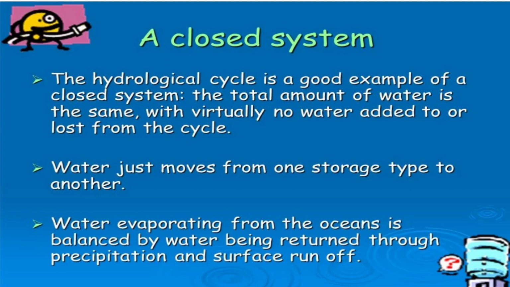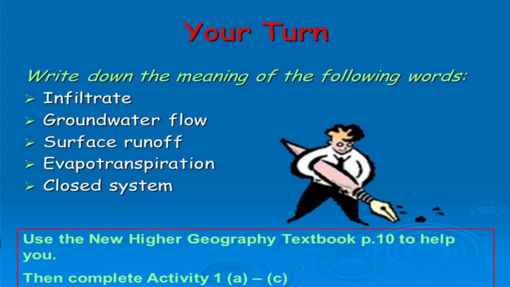And last, eventual transfer of water received at the earth's surface to the oceans, through various routes and hydrological processes such as surface runoff and rivers, subsurface runoff, infiltration, groundwater flow, surface runoff, evapotranspiration, and closed system.